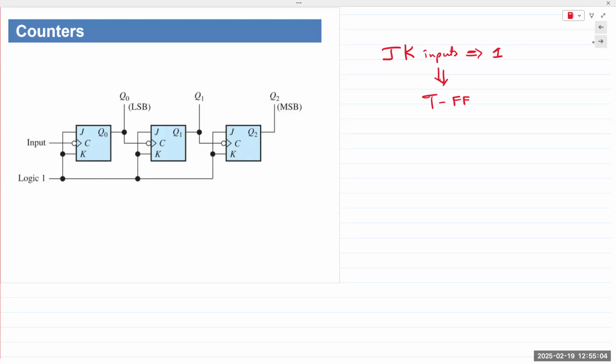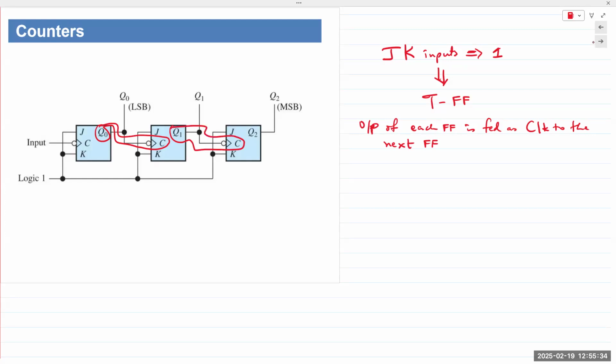The output of each flip-flop is fed as clock signal to the next one. It's right here. Q0 is going as clock input to the second one, and Q1 is going as clock to the next one.